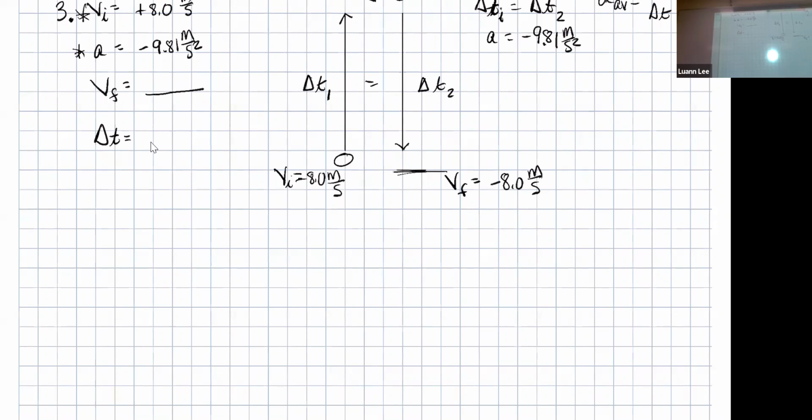But if we did it like that, could we just keep it like that? Like -8 minus 8 divided by the -9. But then didn't you get 3 something? No, I got 1.6. I personally think it's more correct to figure out one side at a time. But that works, and it works because it's going the same distance up and down. If it weren't the same distance up and down, that would not work.